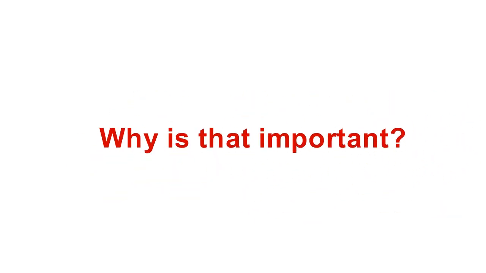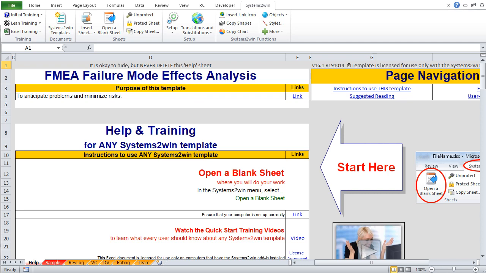And why is that important? If we go back to the very first row on the help sheet in our Excel template, we are reminded that the entire purpose of an FMEA is to anticipate problems and minimize risks.